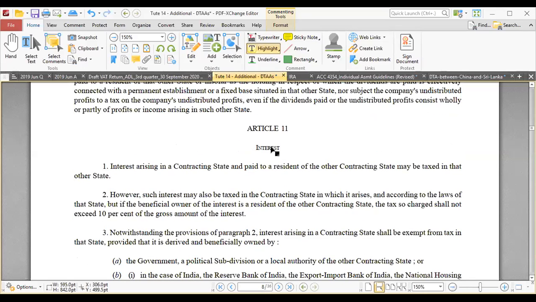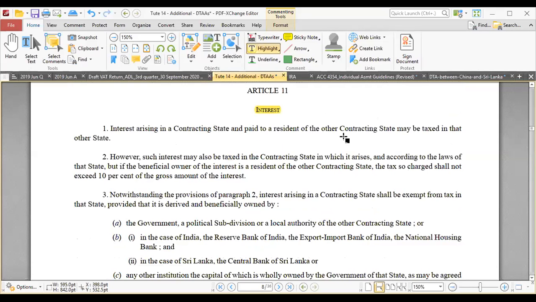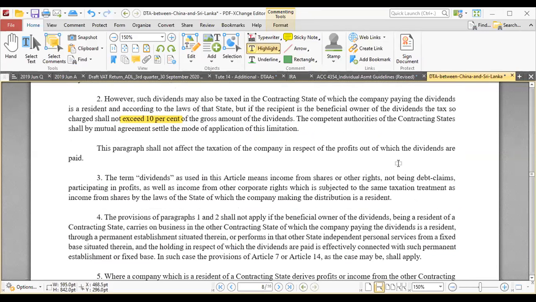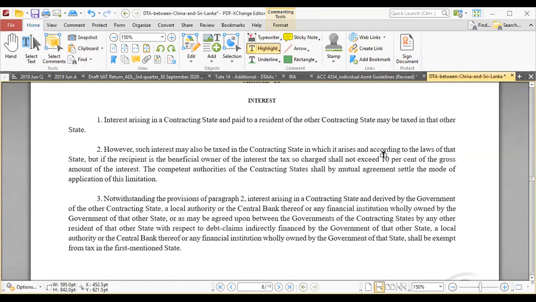When it comes to interest, if you look at the interest part, the applicable rate is 10% in the case of India, right? When it comes to China, it's also the same, 10%.